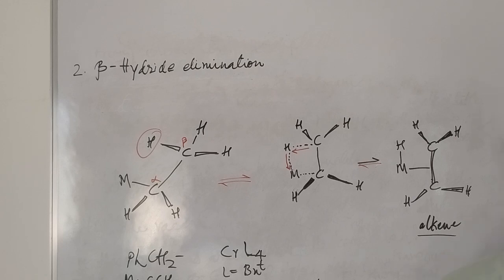Similarly, there are also some examples in which the metal is firmly bound to the ligands, where the beta hydrogen is not available very close, means the metal exists in a higher coordination number.